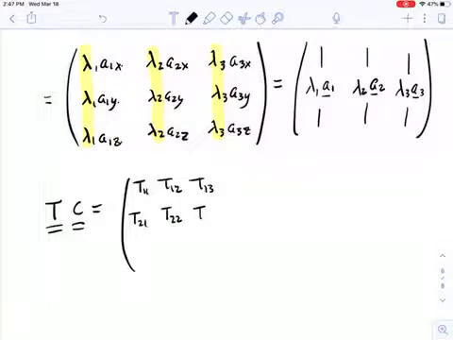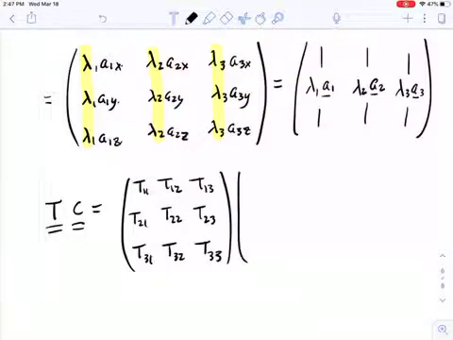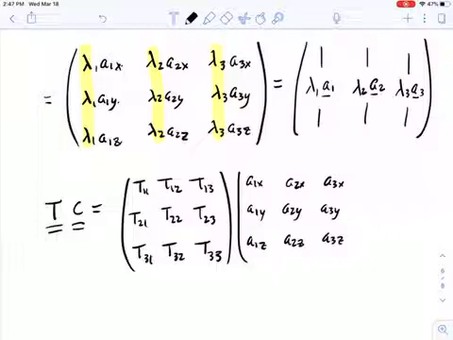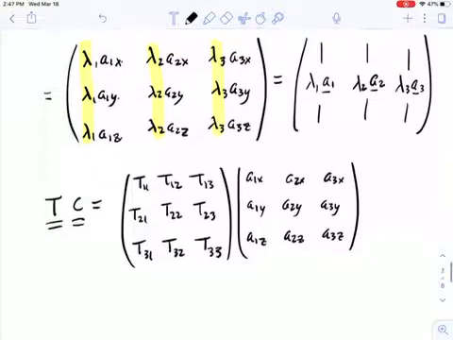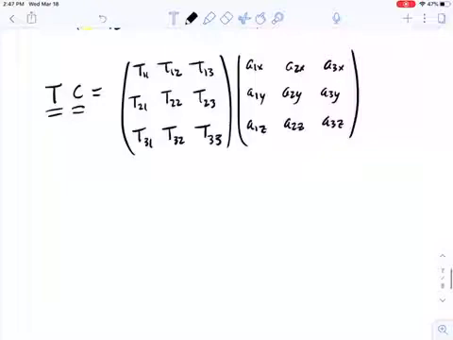They could all be completely independent of one another: T11, T12, T13, T21, T22, T23, T31, T32, T33. And then C was constructed from the eigenvectors: A1x, A1y, A1z, A2x, A2y, A2z, A3x, A3y, A3z. And we just do the multiplication.